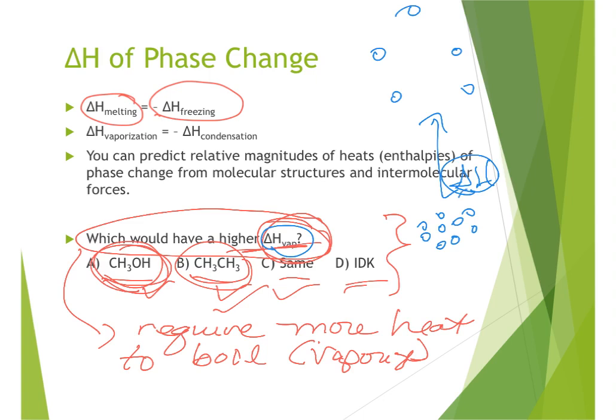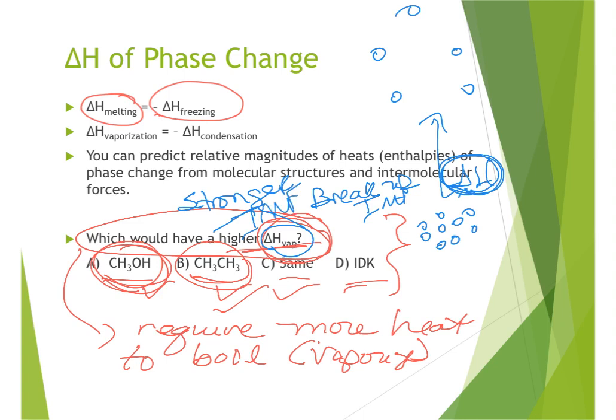You had to add enough thermal energy to completely break up the intermolecular forces. So the substance that has the stronger intermolecular force is going to require more energy to vaporize.